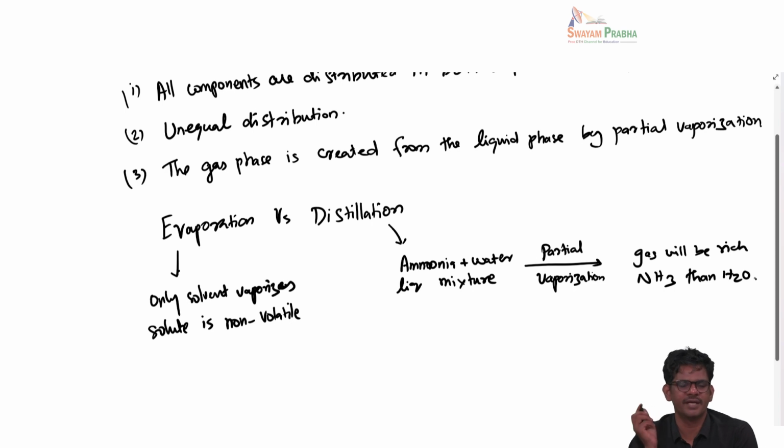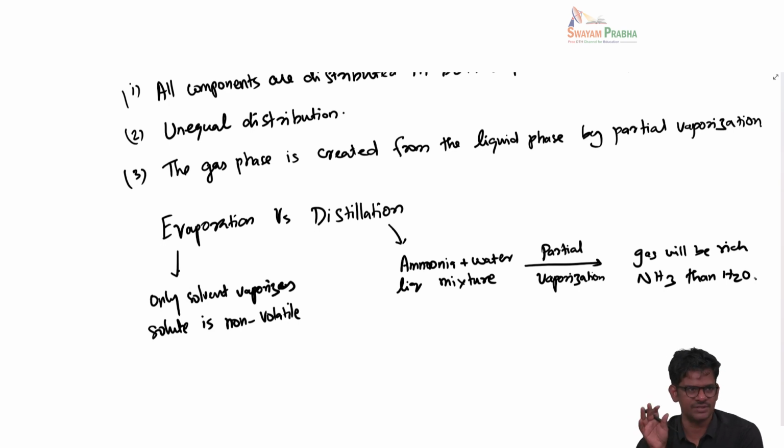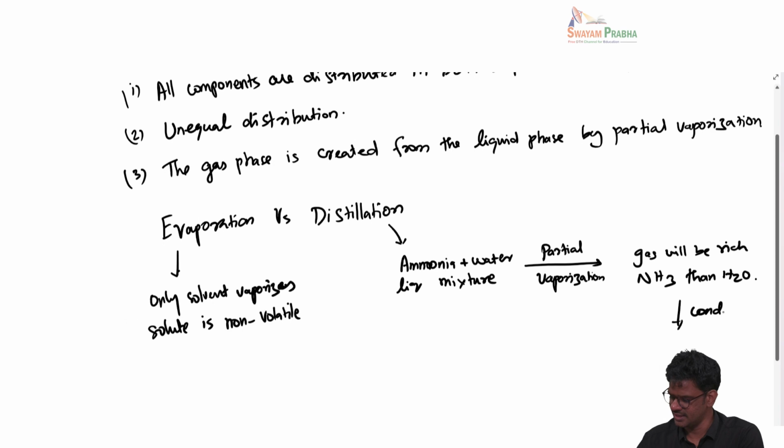This is what I meant by unequal distribution. Ammonia distributes in the gas phase much more than water. If I take part of the gas which I vaporized and condense it into liquid again, I get a liquid mixture again as a combination of ammonia plus water.